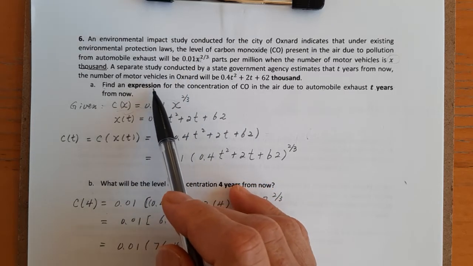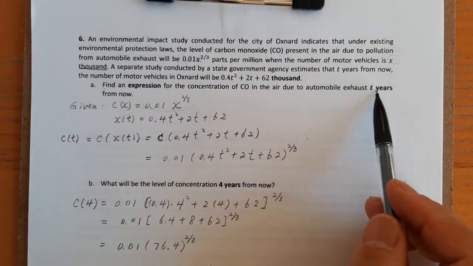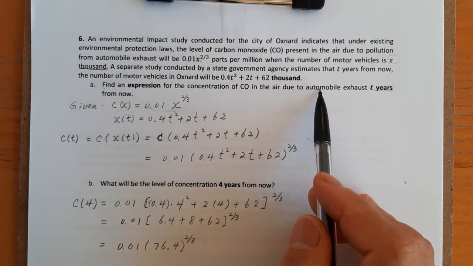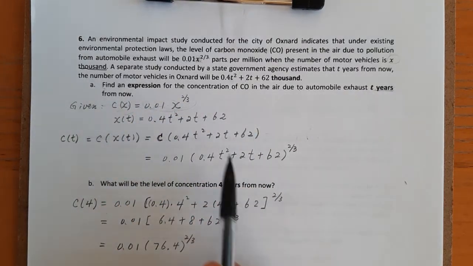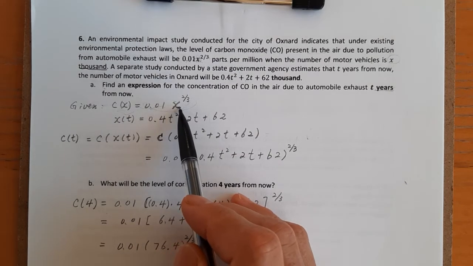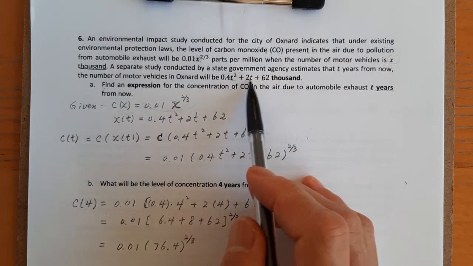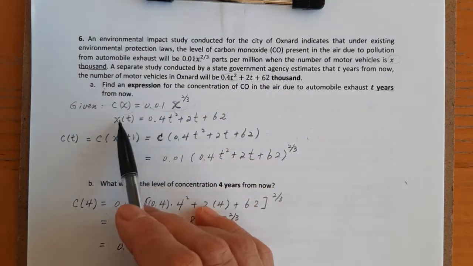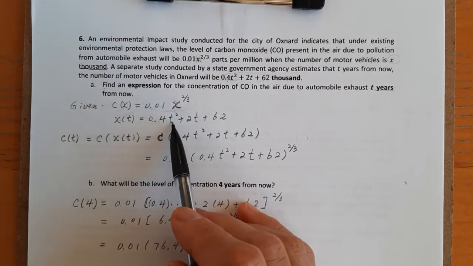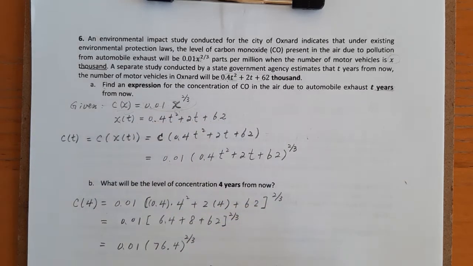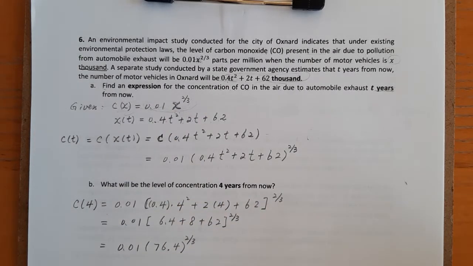The question asks you to write this function in terms of t years, exactly t years from now. So what is x? x is the number of vehicles, and the number of vehicles in terms of t years is this function: x of t equals 0.4t squared plus 2t plus 62, and x is also in thousands.